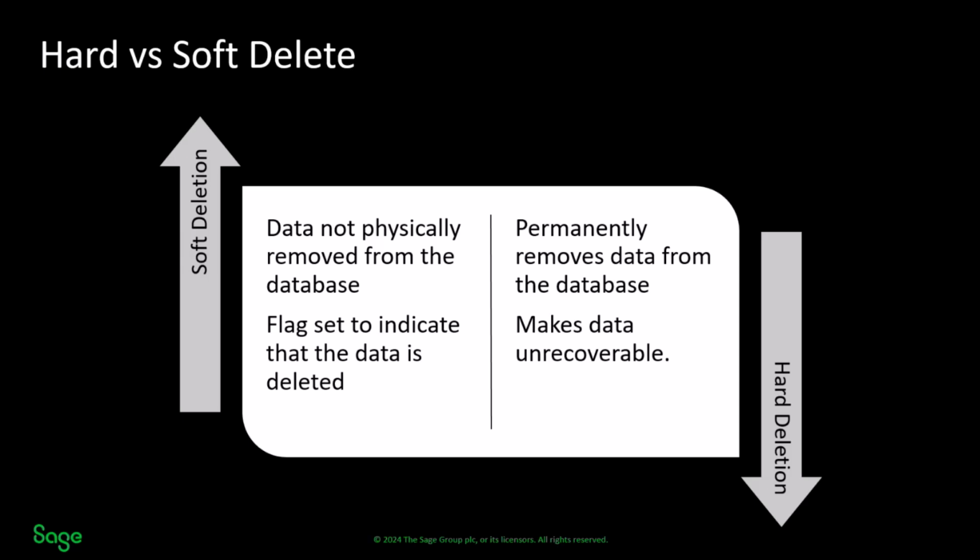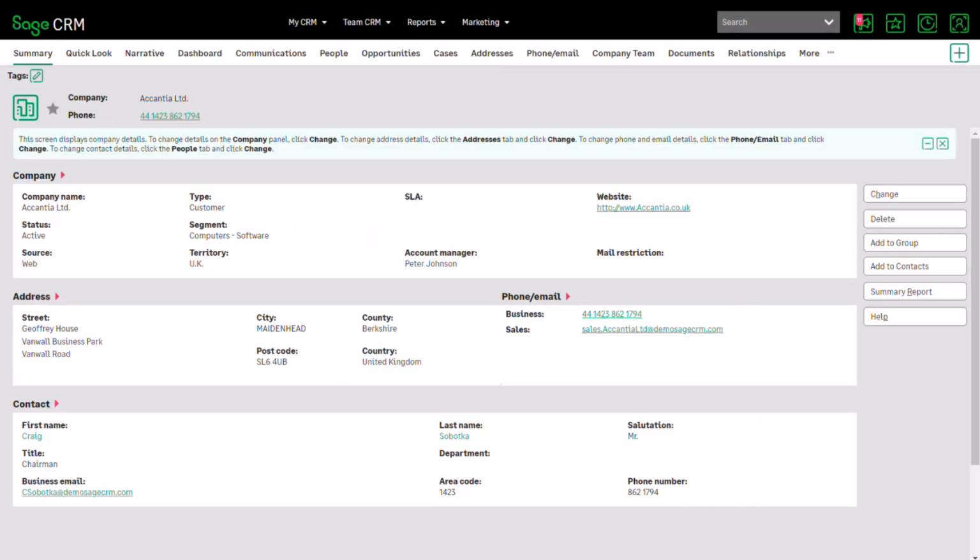Now, this has an implication for us when we're thinking about the question of the deletion of, say, opportunities for a company, or for any data within the context of Sage CRM.